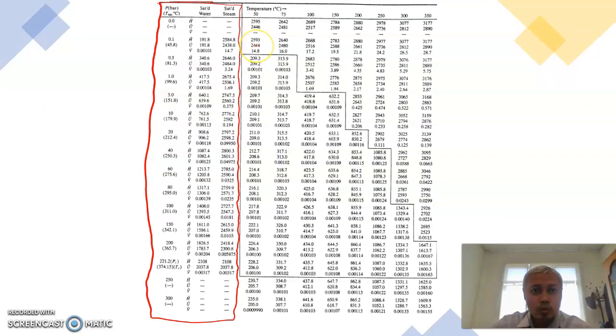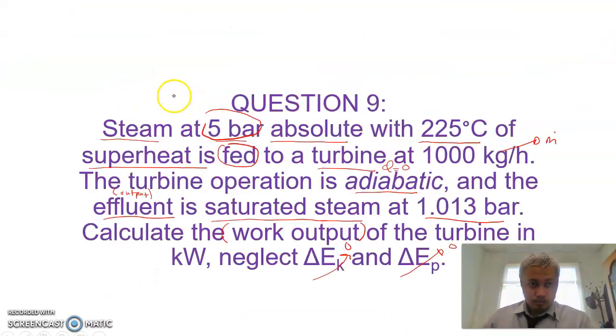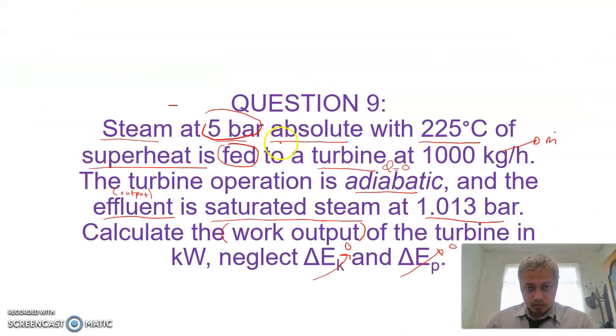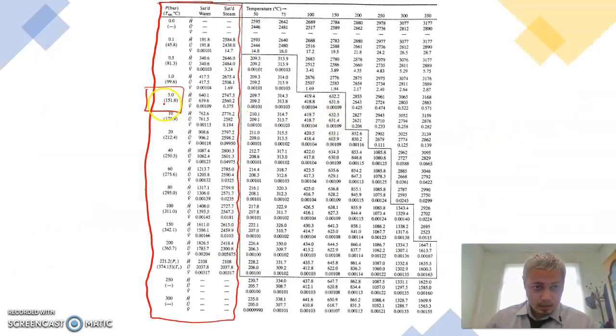If you go to this steam table at 5 bar, which is this part, here we have the saturated temperature. So when it mentions 5 bar absolute, absolute means you need to consider this saturated temperature value.